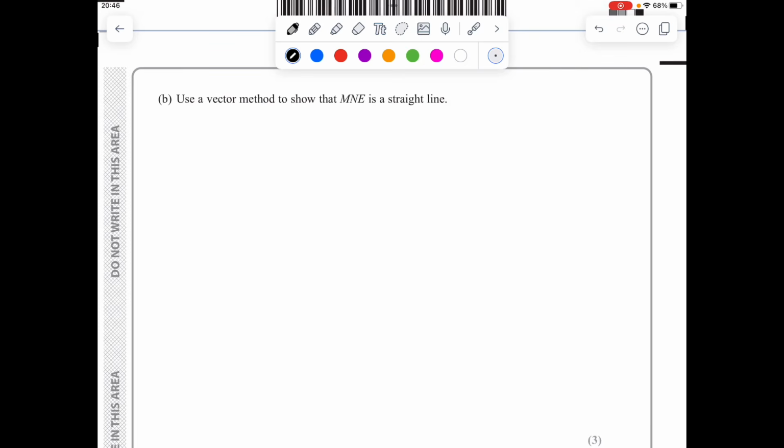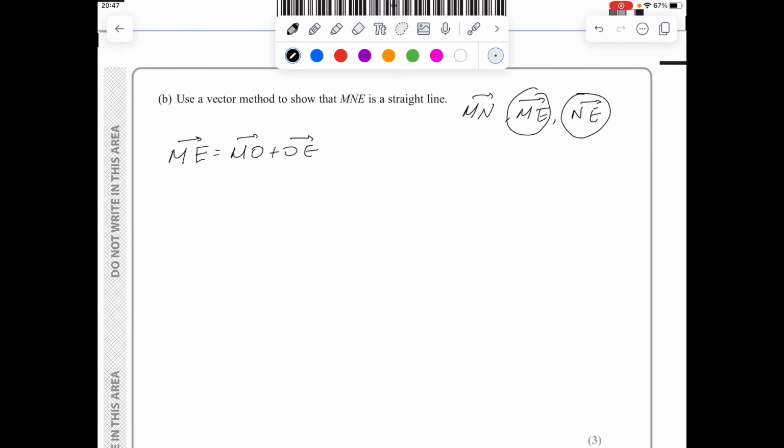Now for part b, I need to show that MNE is a straight line. I'll need to work with 2 out of the 3 following vectors, MN, ME, and NE. I will work with the last 2. So ME is equal to MO plus OE.